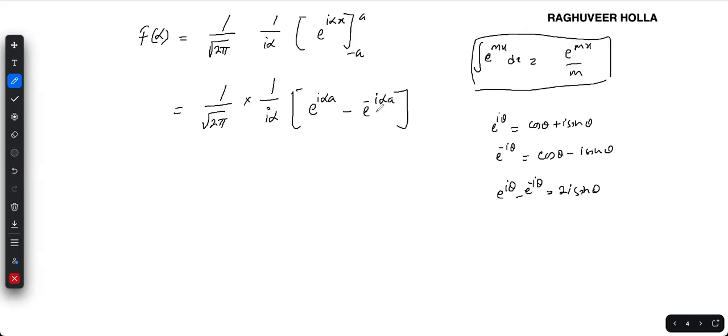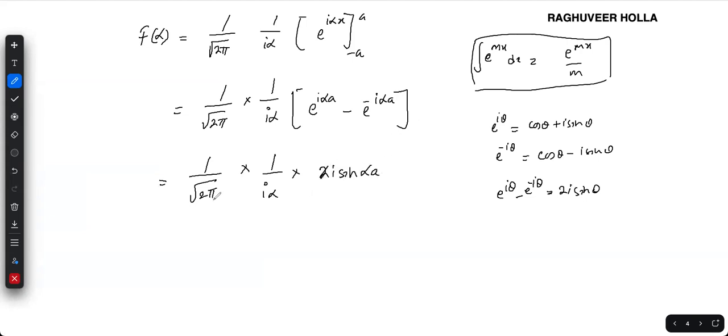So referring to this, you can write this as 1 by root 2 pi into 1 by I alpha into 2I sin alpha a.